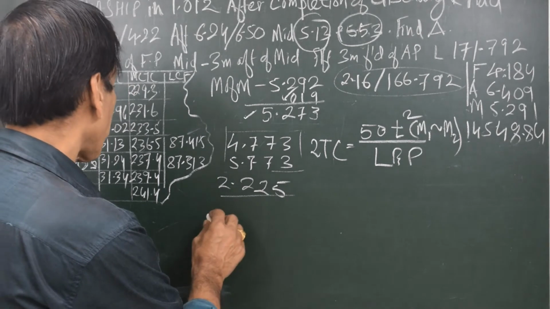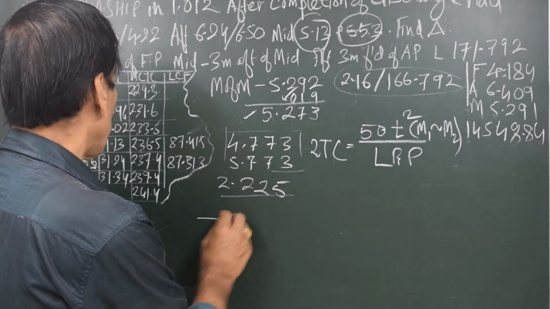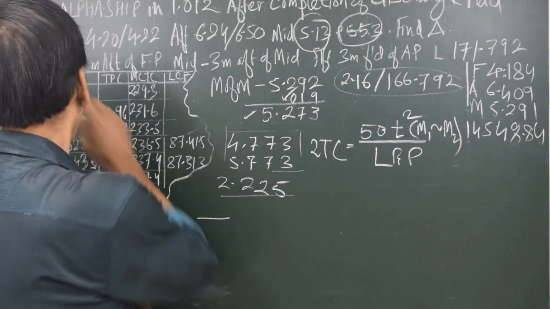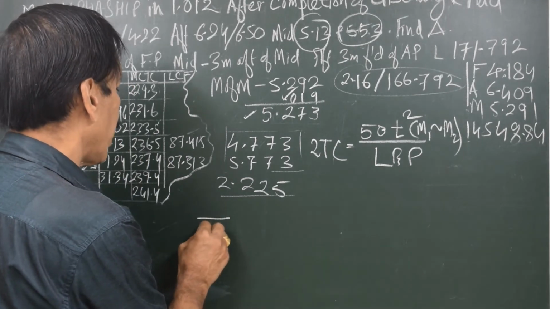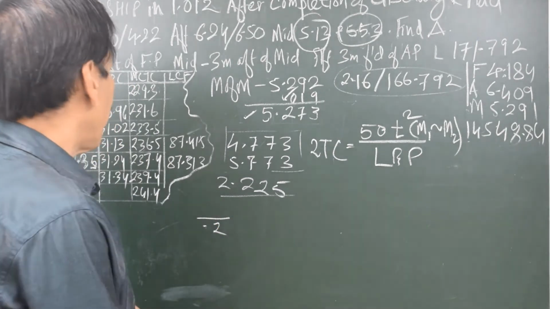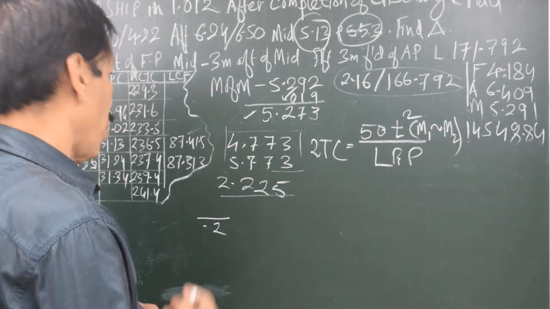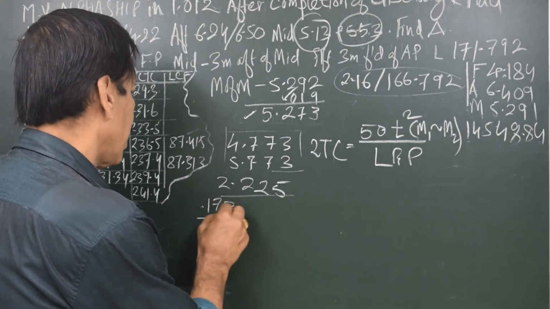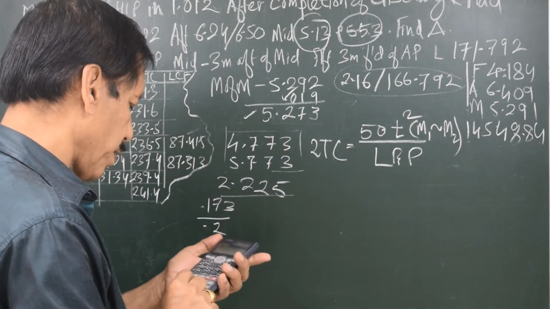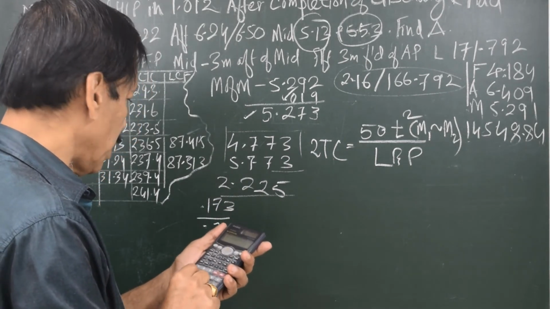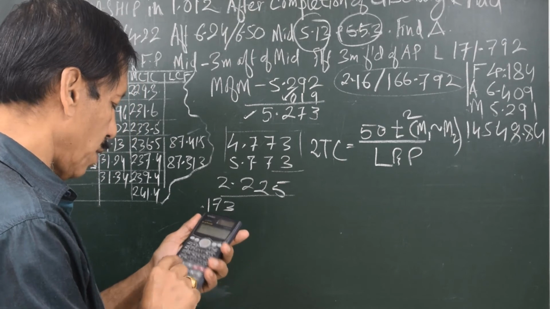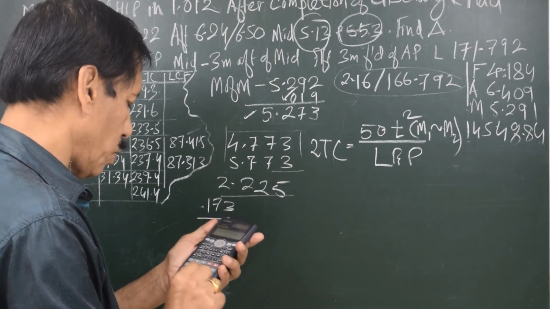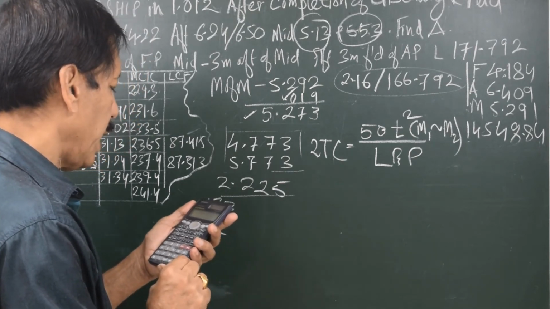Now, as usual, I'll write the difference between 4.6 and 4.8 here, that is 0.2, and the difference between 4.6 and 4.773 is 0.173, and this fraction for the interpolation is 0.173 divided by 0.2, that gives me 0.865.